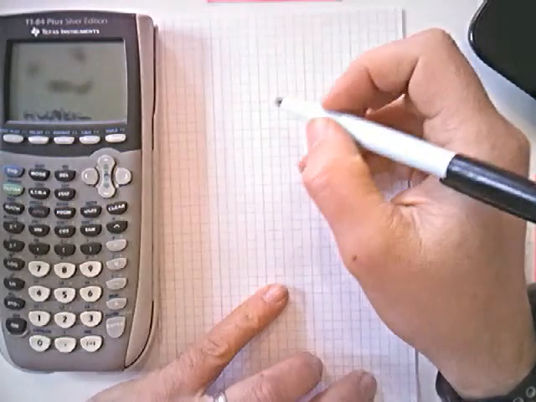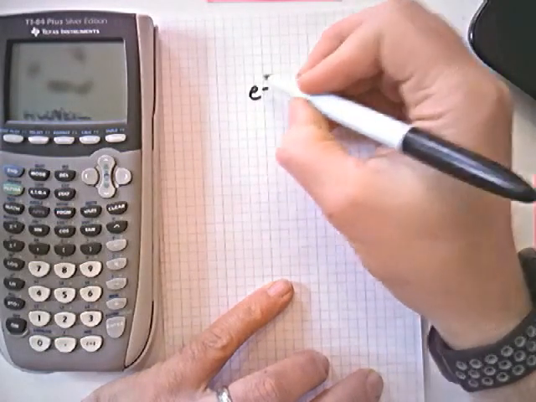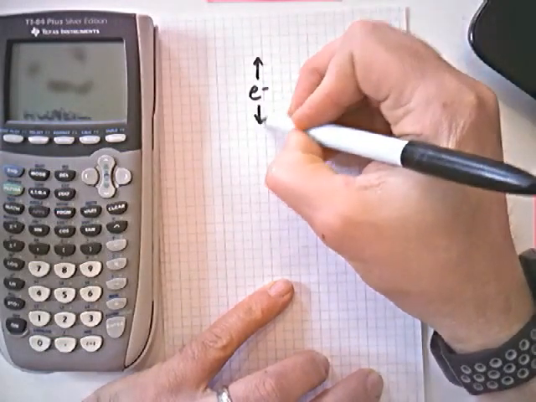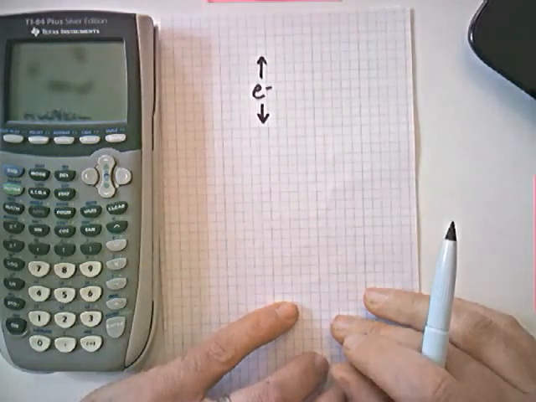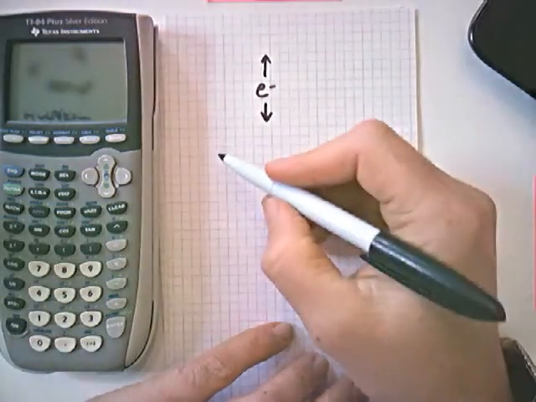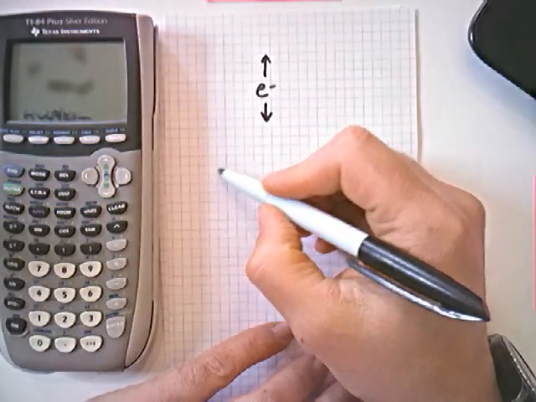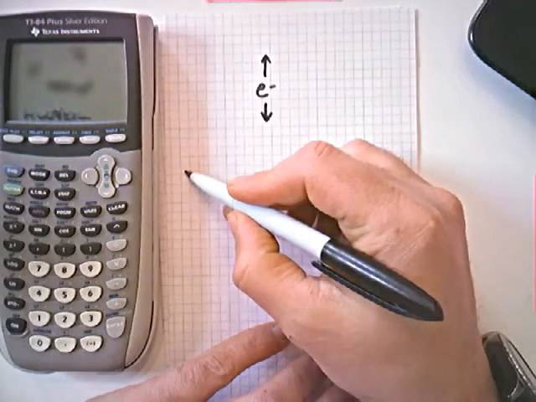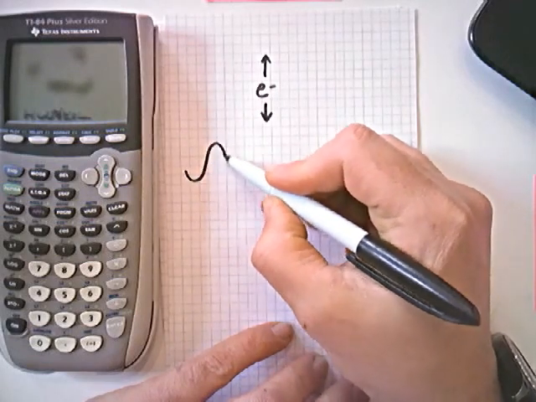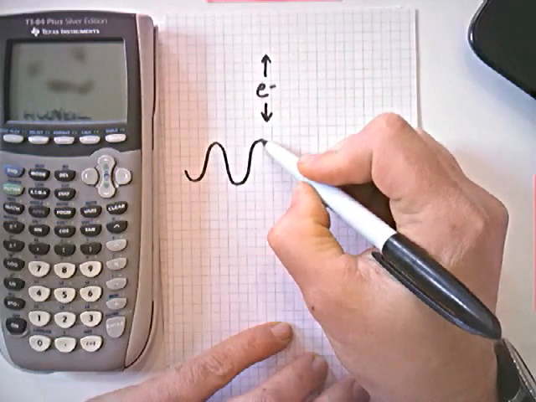So, what is light? Light is nothing more than an electron that vibrates up and down. This vibrating electron produces a transverse wave, and that transverse wave could really vary in the way that it produces an oscillation.